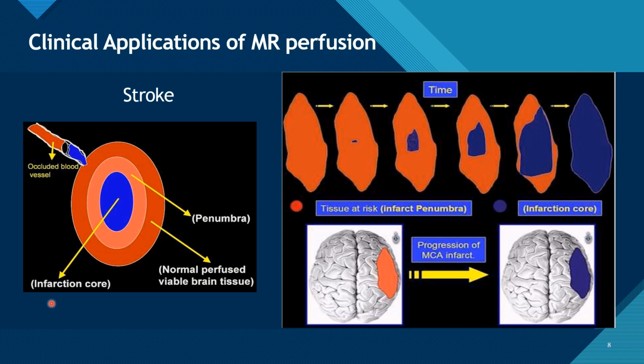So what we would like to do with MR perfusion is to early detect the area of tissue at risk, so we can give anticoagulant and save this tissue at risk and turn it into normally perfused or viable brain tissue, reversing the effect of the infarction.